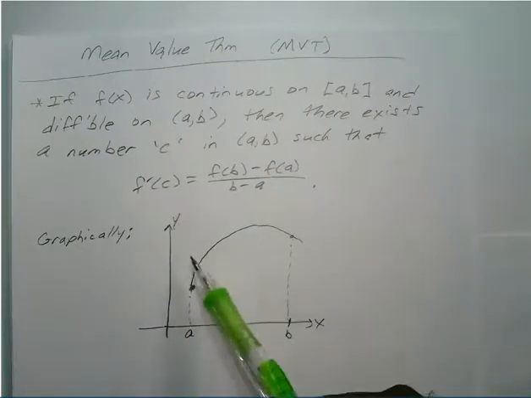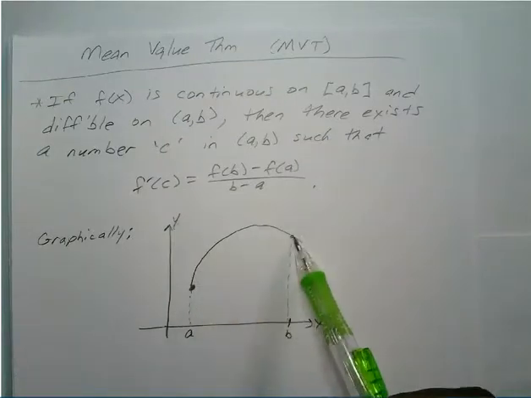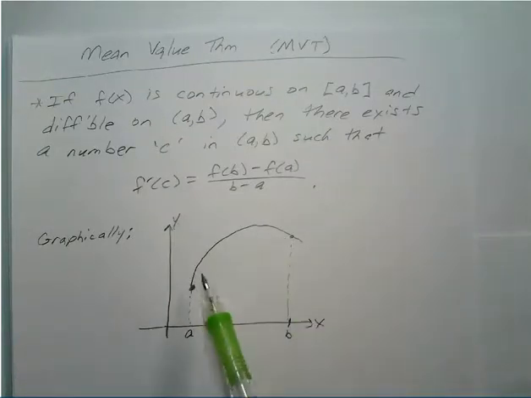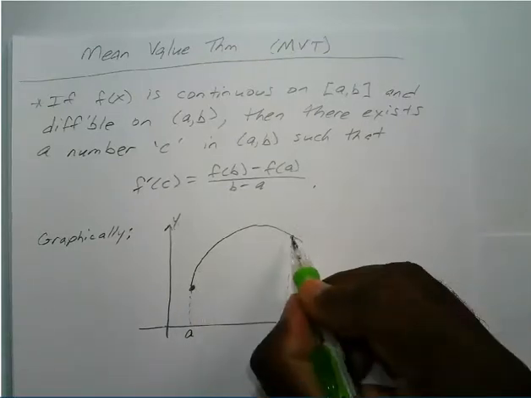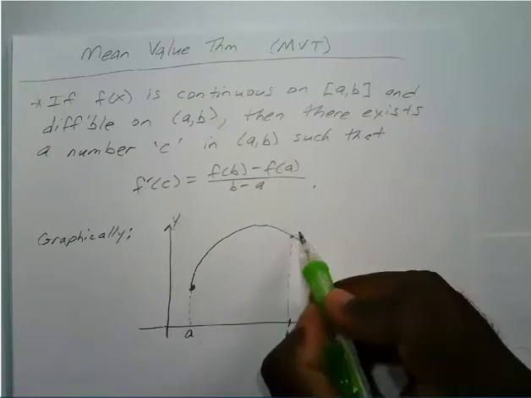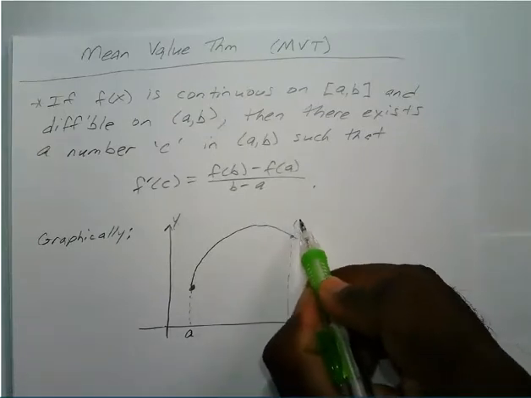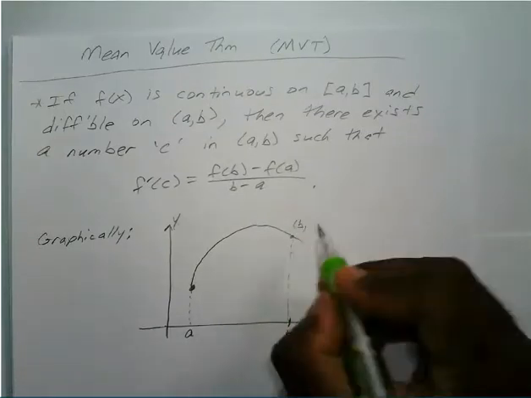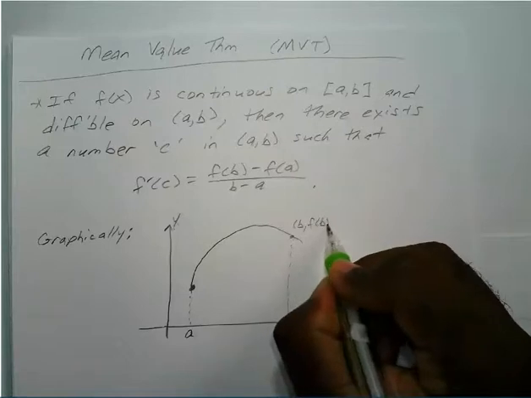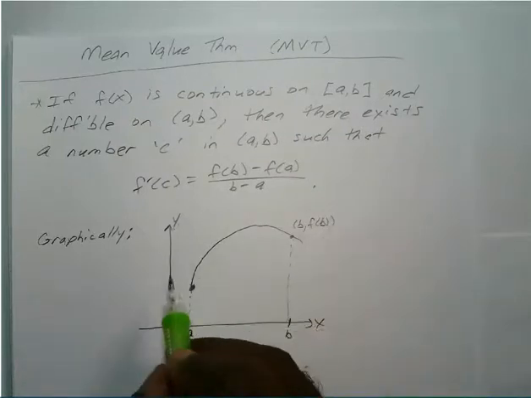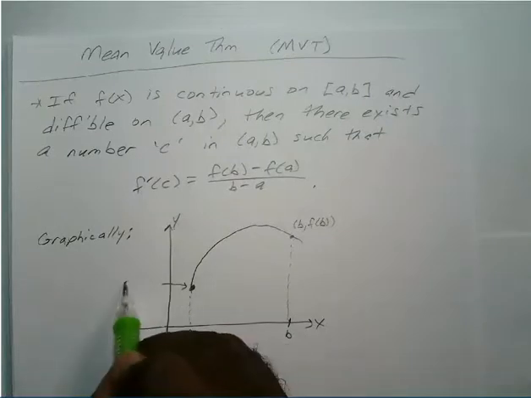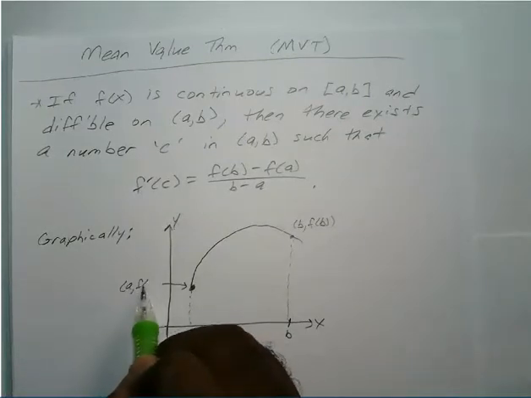Okay, so we see here that it's continuous from a to b even at the ends, and it's differentiable from a to b. So we know that this point here is point B, and when you plug it in, it would be your f of b. This point here is point A and f of a.